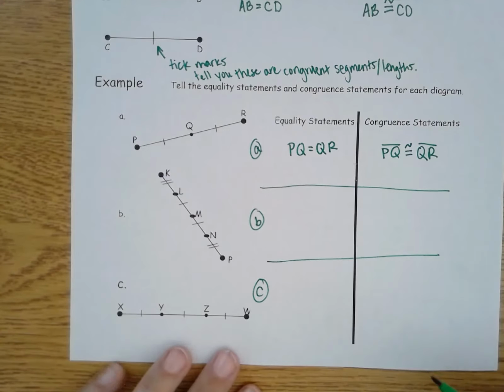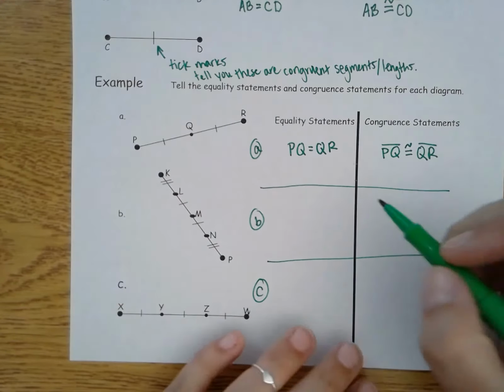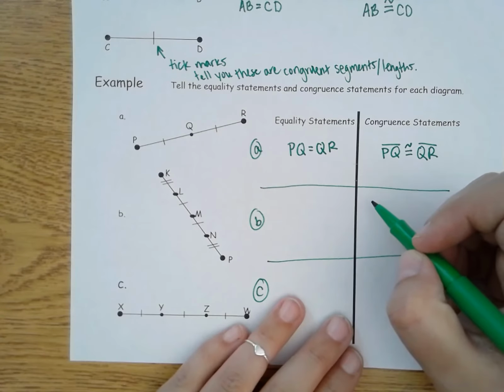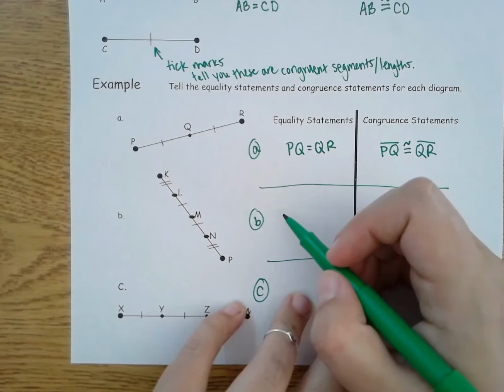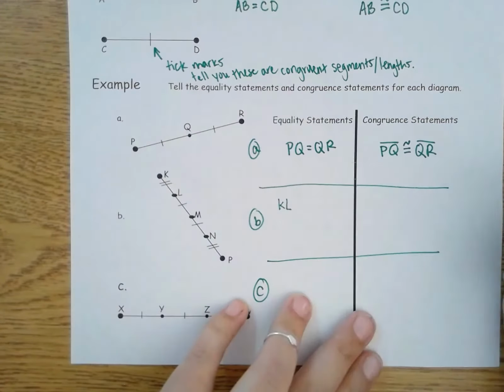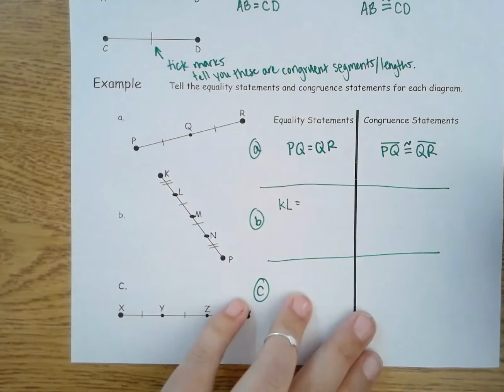All right. How about B? Who's got a congruent statement for me? You can do them all if you want. KL is equal to NP.